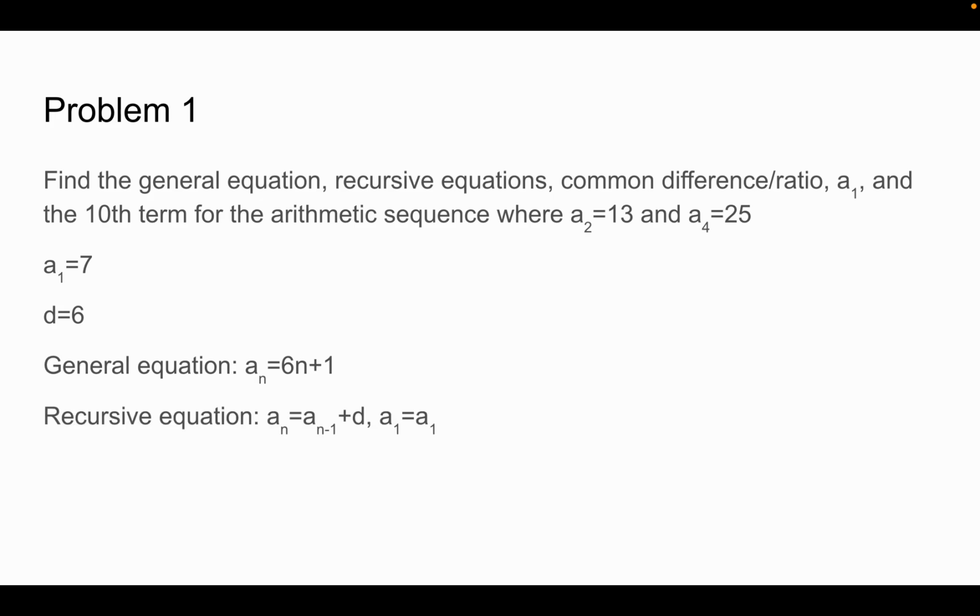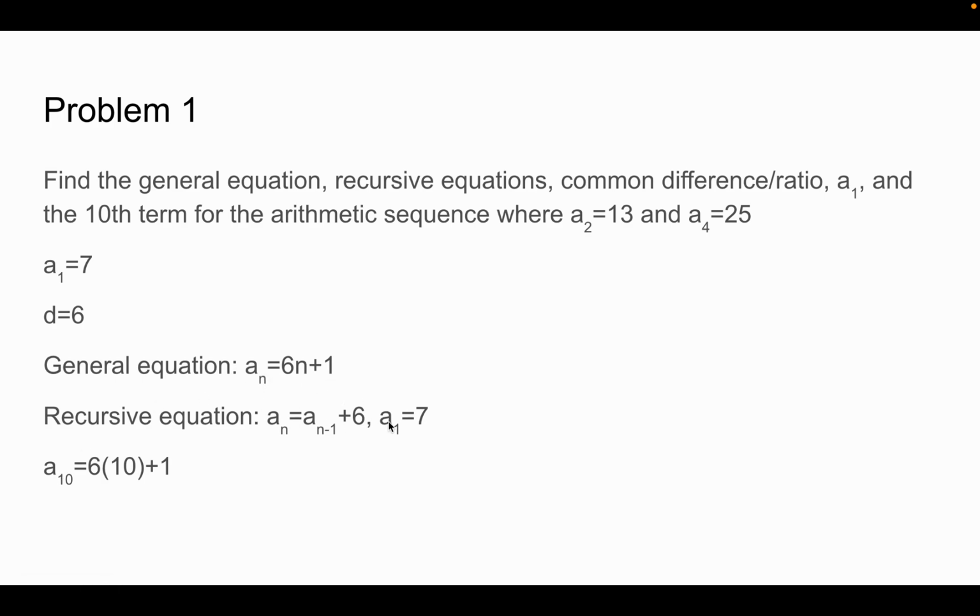We can do something similar for the recursive equation where we just plug everything in. But we're not going to plug in a1, because then we would just say 7 equals 7, and that's not really helpful. Also, to find the 10th term, we just plug in n to the general equation.